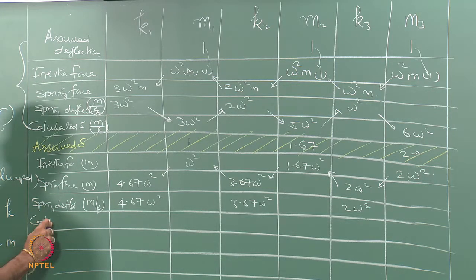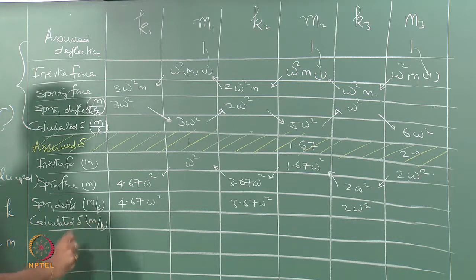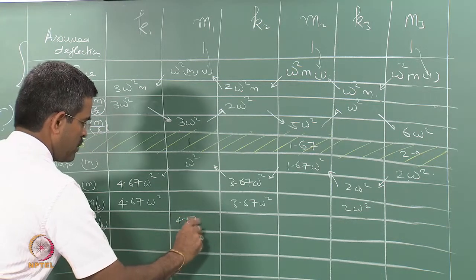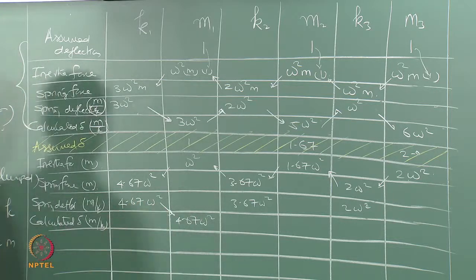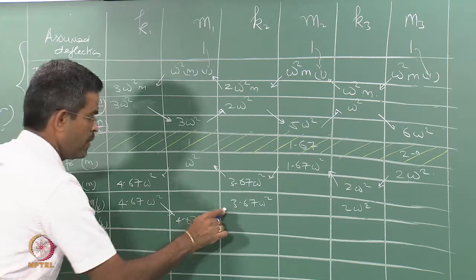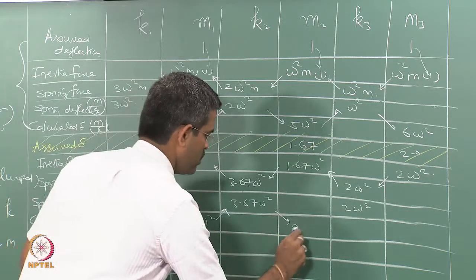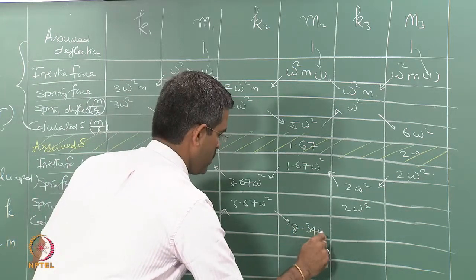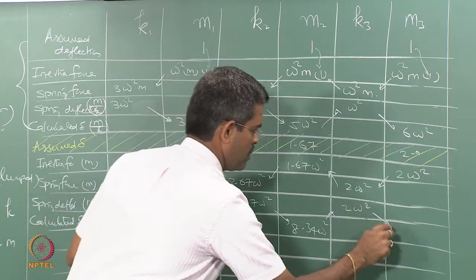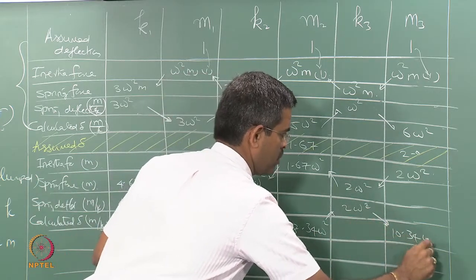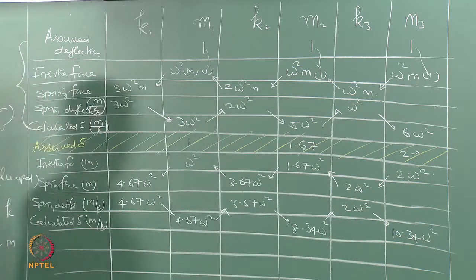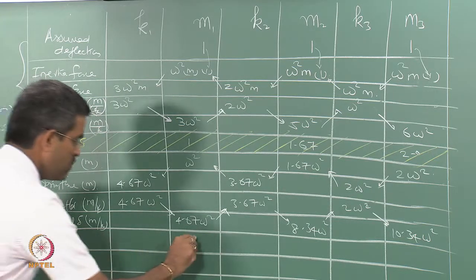Now, I want to compute the calculated deflection, m by K constant out here: 4.67 omega square, 8.34, 10.34. I want to find the ratio of this.